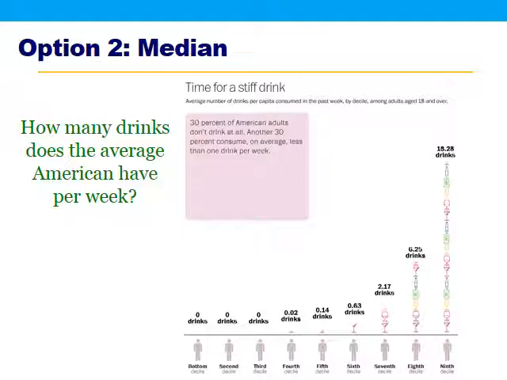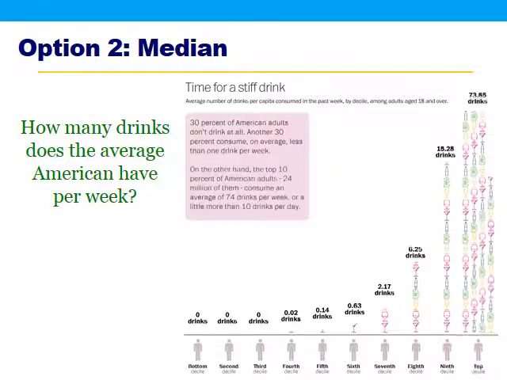Those 10% of people, on average, drink, I swear I'm not making this up, 74 drinks a week on average. So this 10% of the population, the 10% of people who drink the most, are averaging 10 drinks per day. So we end up with a really weird distribution here, right?